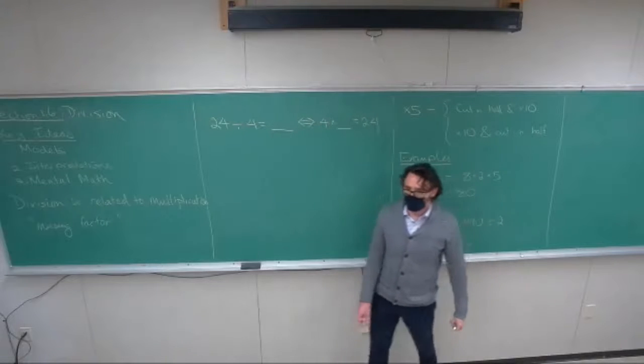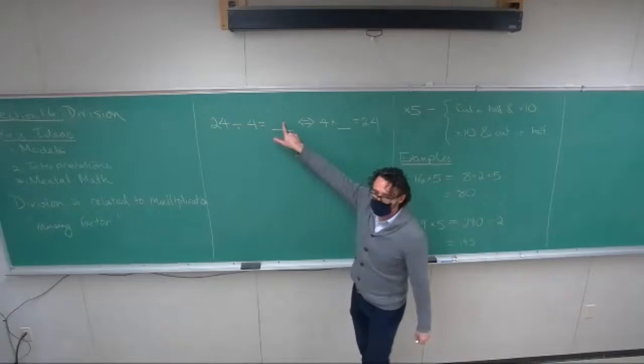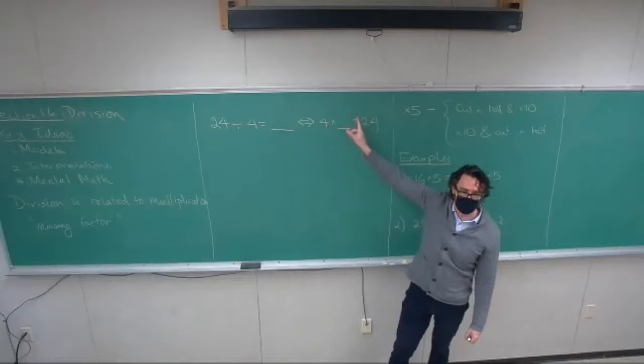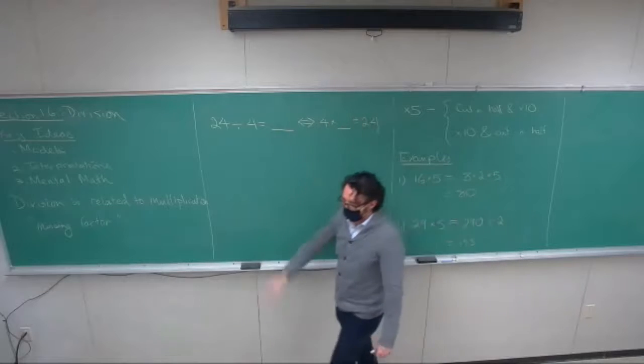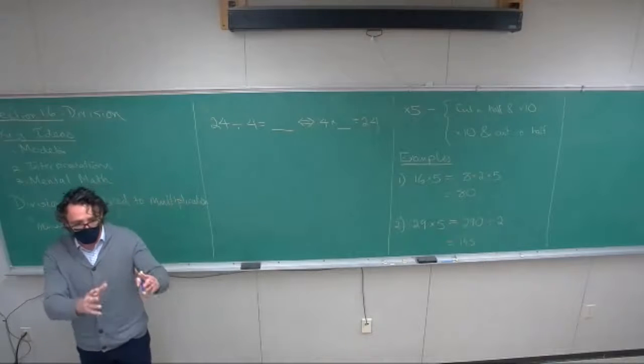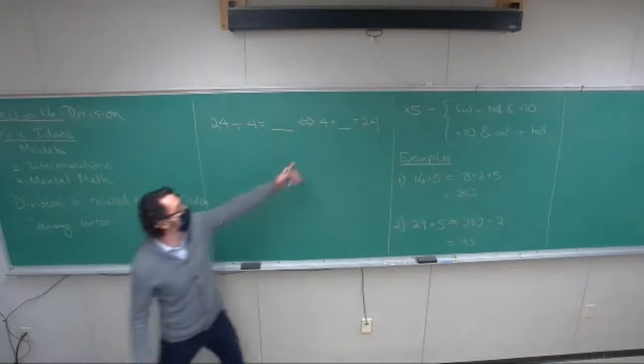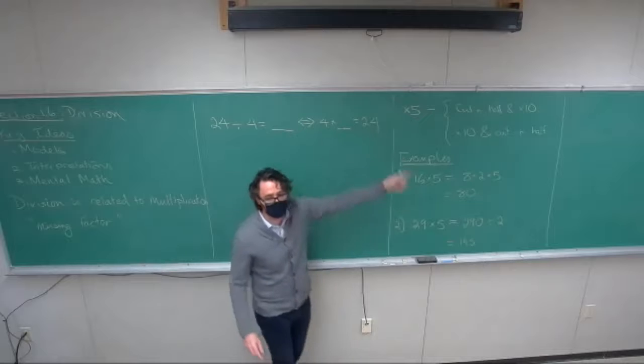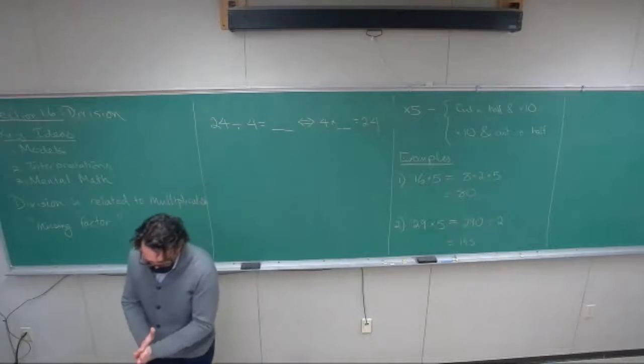Whatever we fill in the blank here should come from what number we have to use over here to fill in this blank. These two problems are basically saying the same thing. 24 divided by 4 equals what? Well, that means 4 times whatever number we come up with has to give us 24. Okay.